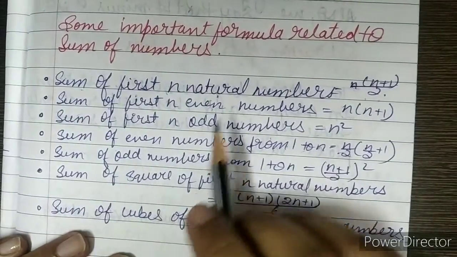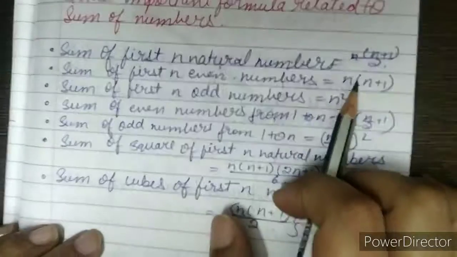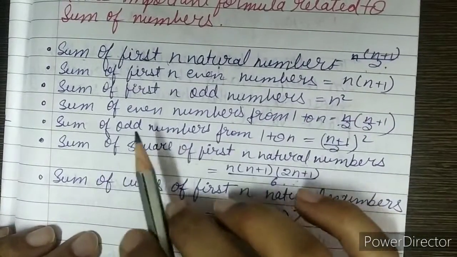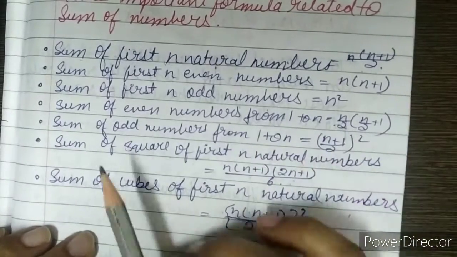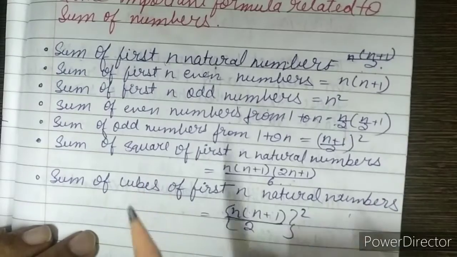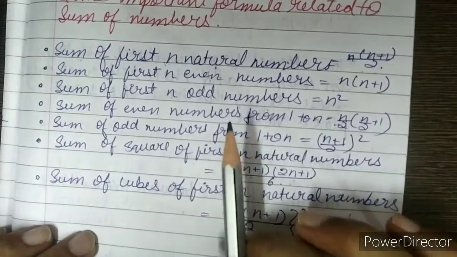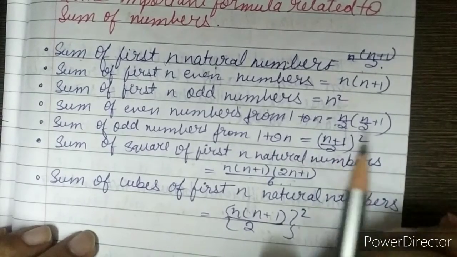There are some formulas related to the sum of numbers. Sum of first n natural numbers is n(n+1)/2. Sum of first n even numbers is n(n+1). Sum of first n odd numbers is n squared. Sum of even numbers from 1 to n is (n/2)(n/2+1).